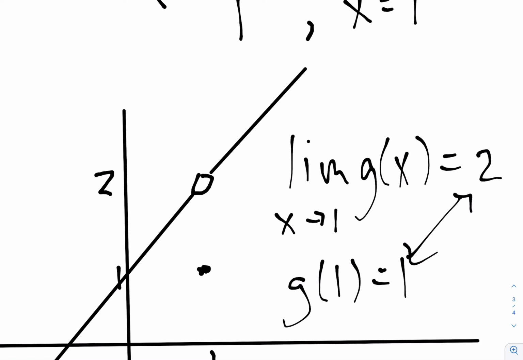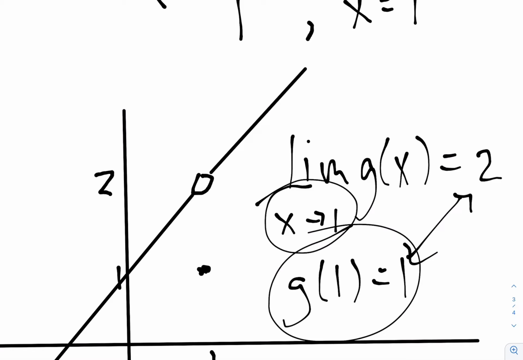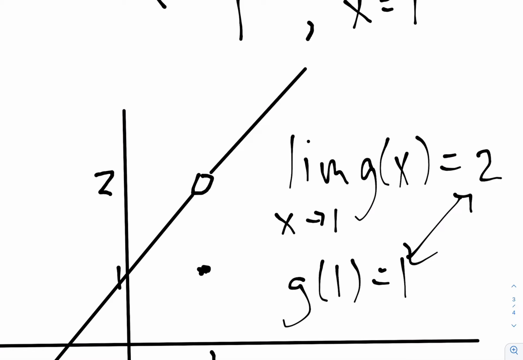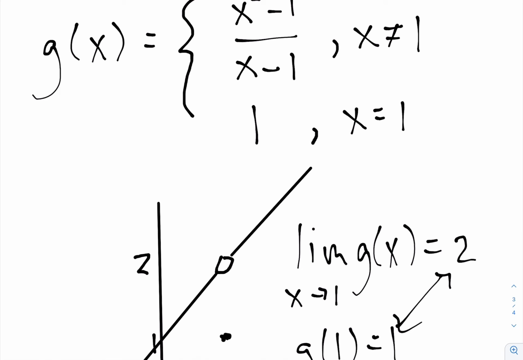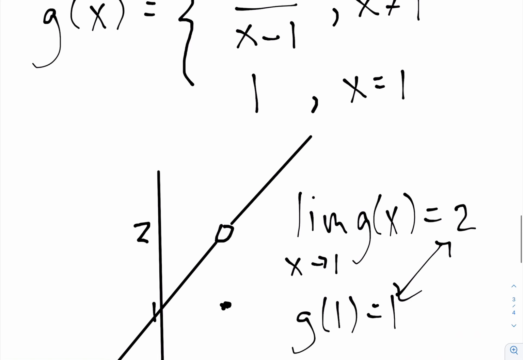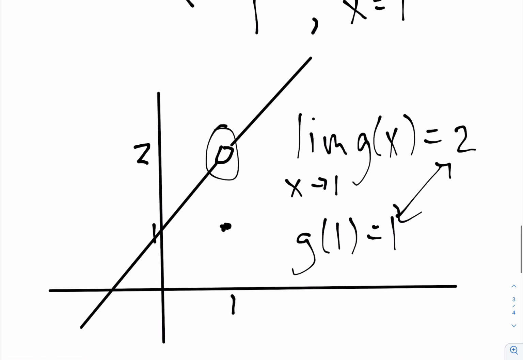That means that it's not continuous at that point. The function wouldn't exist at x equals 1 if we didn't have this piecewise part where g equals 1 when x equals 1. So that's called a jump discontinuity, when there's a hole in the graph and it jumps down, or maybe it jumps up to another point to make it defined at that x value.